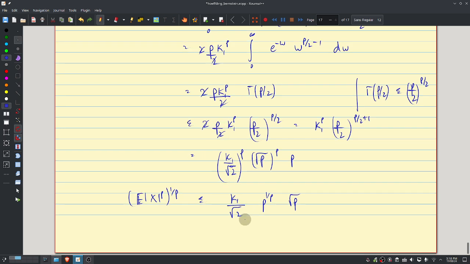Can I bound it from above by a universal constant for any p greater than or equal to 1? What does p raised to 1 by p look like? Okay, let's just take a look.